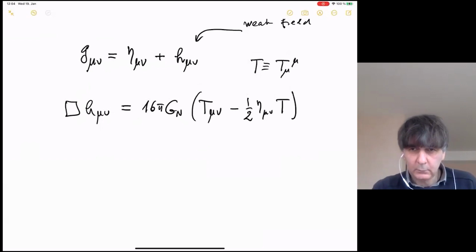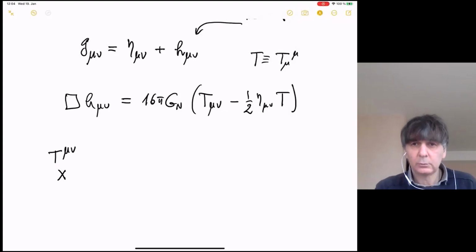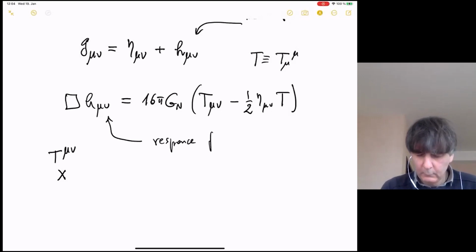What is the fluctuation of the metric produced by a source? So we have a source which we call T mu nu, the source with energy momentum T mu nu, and there is a response from gravity. So H mu nu is the response from gravity.